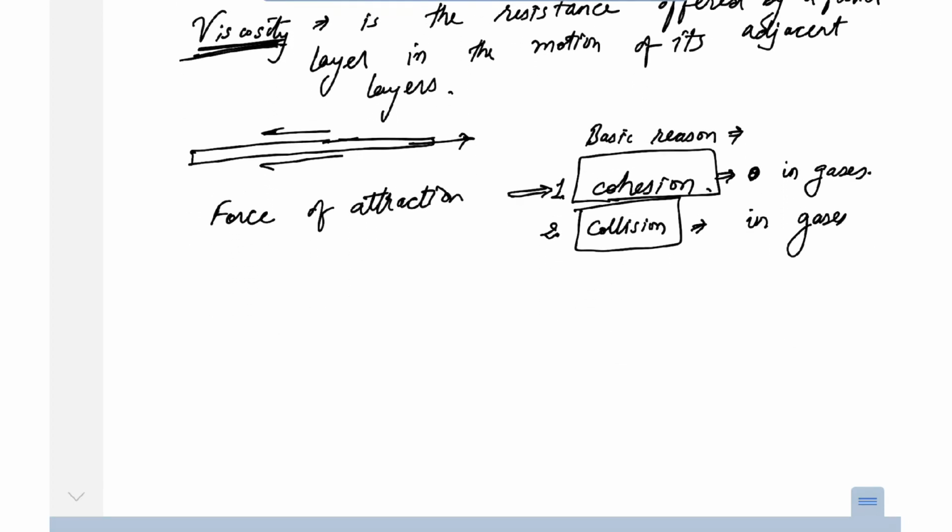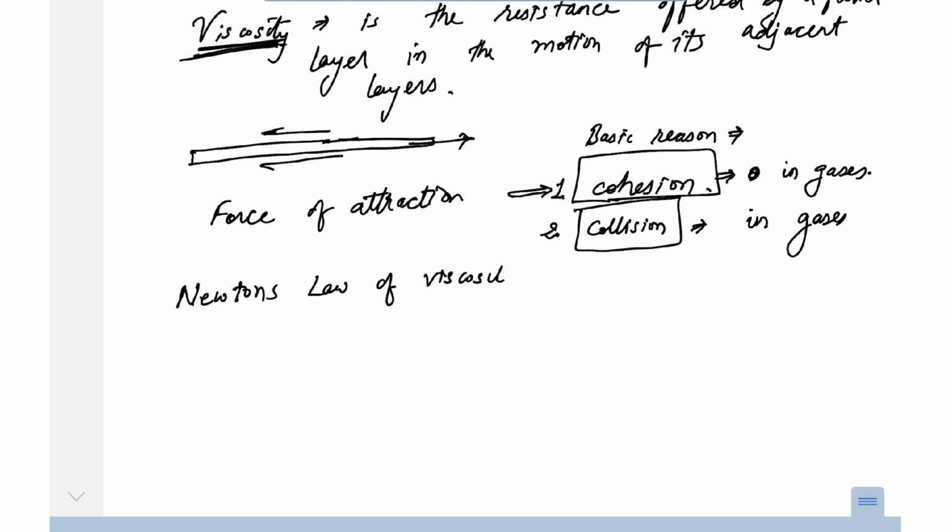Now moving ahead to viscosity, related to this there is a law that was defined by Newton. So moving to the next portion, that is Newton's law of viscosity.